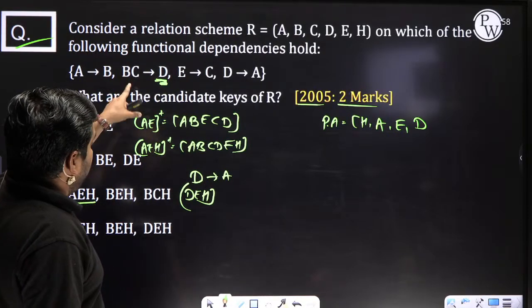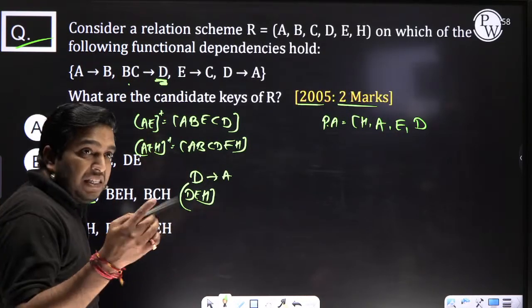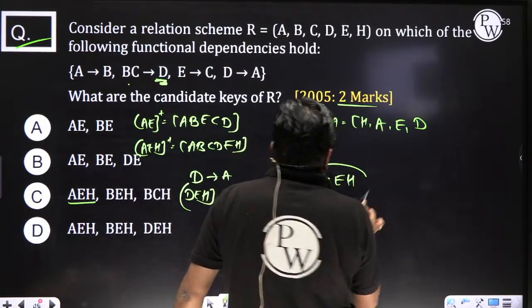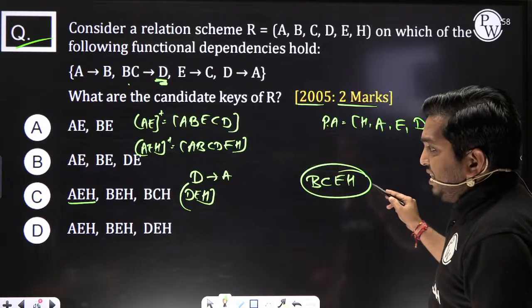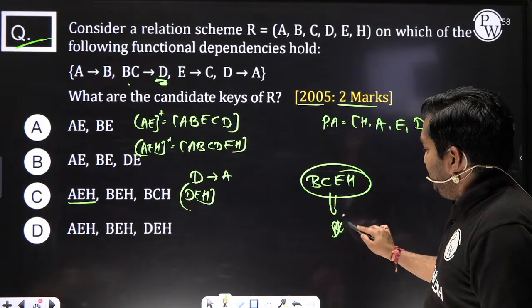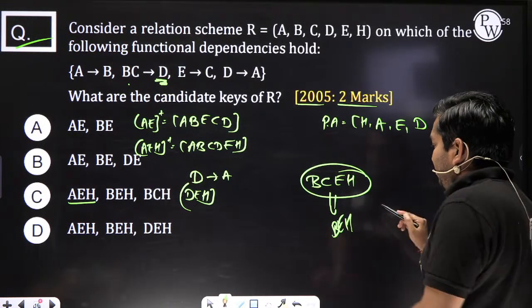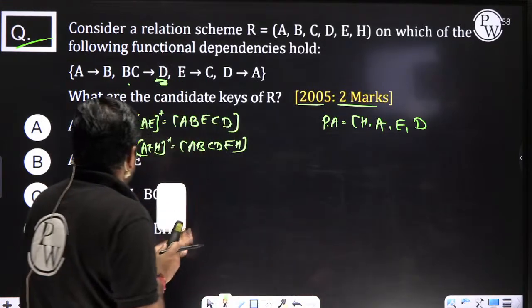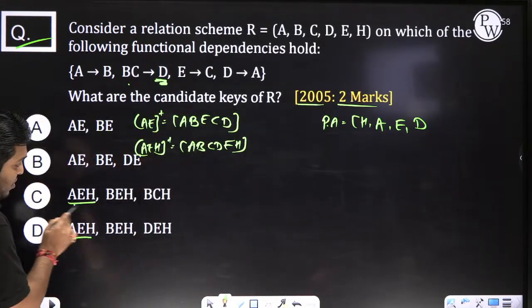So what we say, BCEH. When we break BCEH, then what happens? H becomes the key. Are you getting my point? Directly you can take it, my dear, like this one is okay.